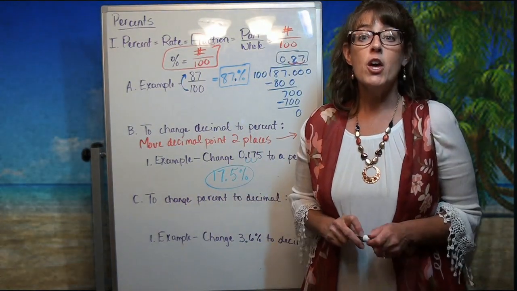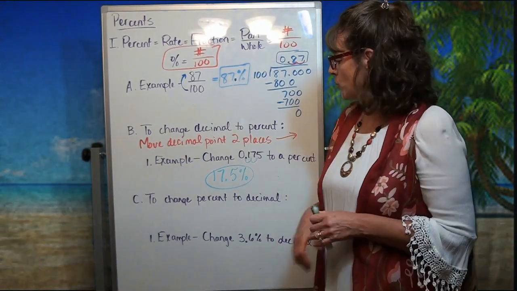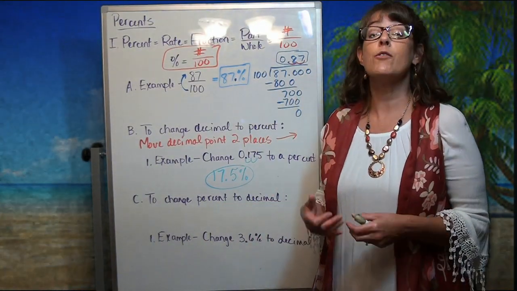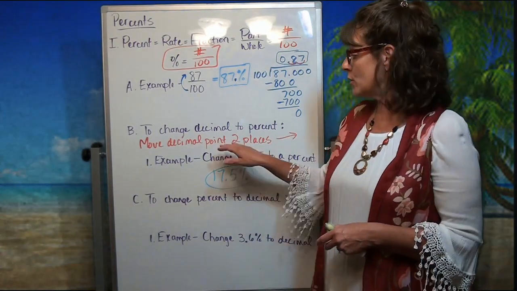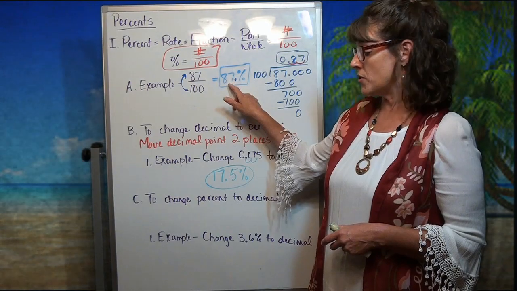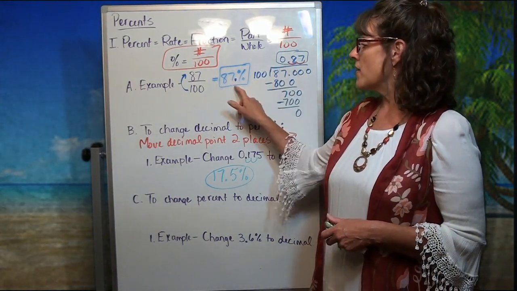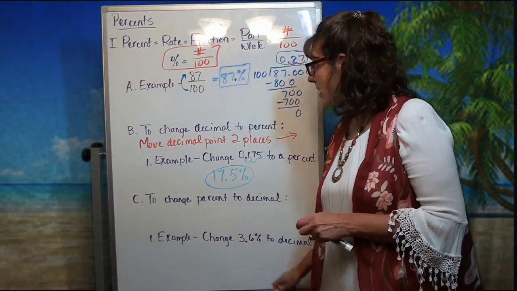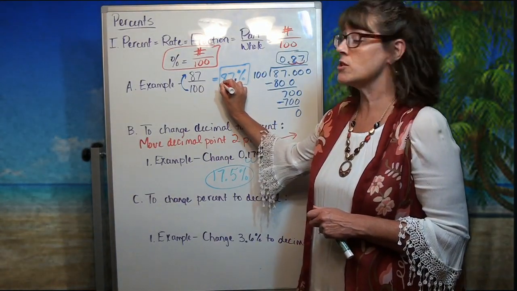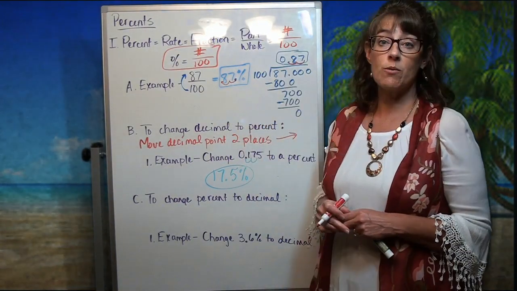Easy enough. So now what if we're going to work backwards? What if we're going to change a percent to a decimal? Well, it stands to reason that if we're working backwards, we would do the reverse of this. As you can see in the example here, if I'm going to turn this percent into a decimal, I'm going to take this decimal point that I see right here, and kick it 1, 2 places to the left so that it'll sit right there.